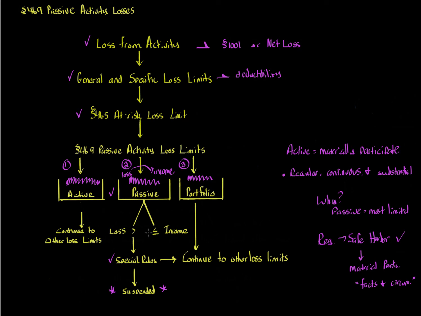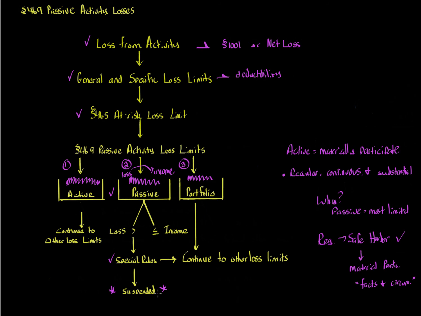This is kind of similar to the hobby loss rules. You might recall that if you have a personal activity and a hobby loss, you can only take the amount of the loss or deductions to the extent of income. But the thing is that this is suspended, so it's a benefit in that it allows you to actually look forward to when you do have income. Because with some activities, maybe early on, you don't have any income, but you might in the future.